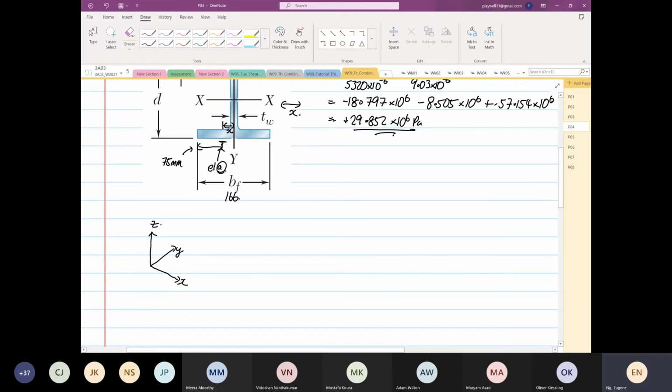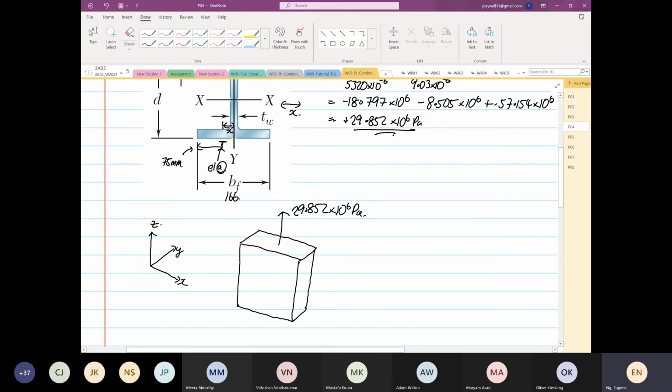So if we were to draw element A, this is our element A. We calculated element A: we have 29.852 times 10 to the power 6 Pascal.